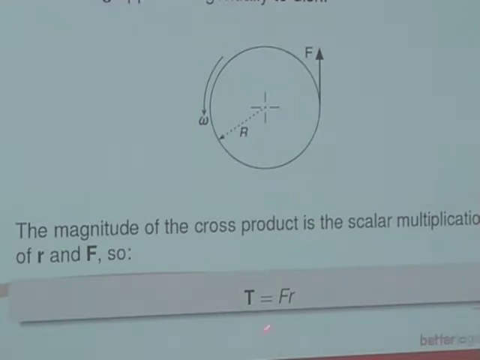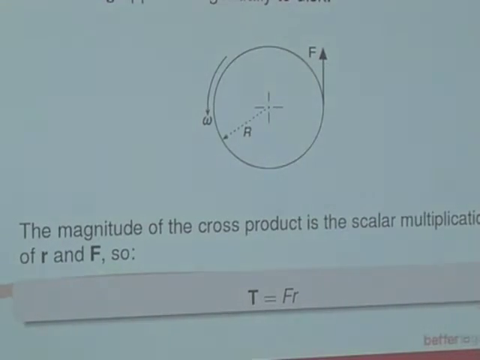And so that's where that FR comes from, R being the radius of the crankshaft, or the big end from the centre of the crankshaft, and force is the force being applied by the combustion of the fuel. And that's what causes the rotation of the engine. So as I said, engines create torque, not power. Power is merely a function of the torque that it creates. We'll talk about that in a second.